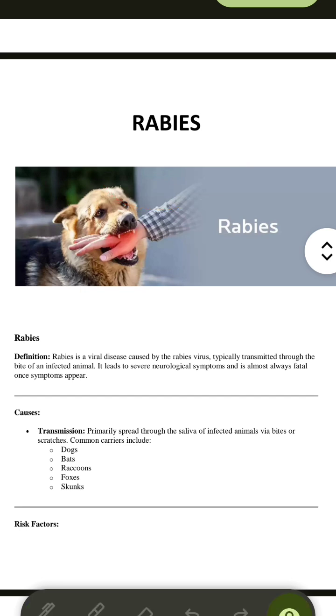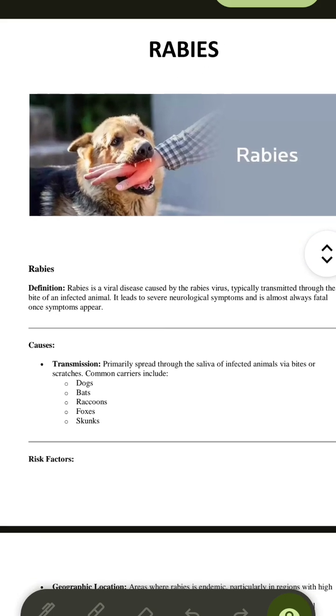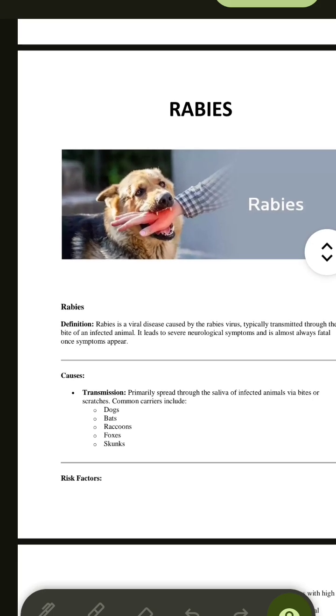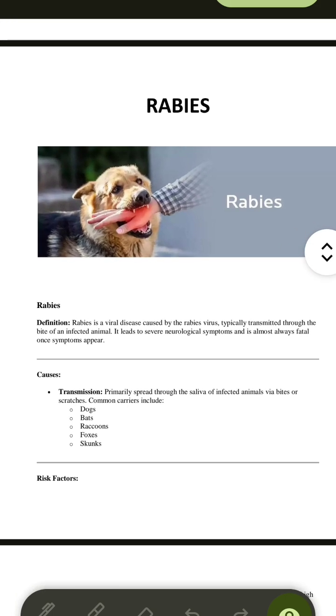So, first of all, we have to know what is rabies. Rabies is a viral disease caused by the rabies virus, which affects the nervous system of mammals.